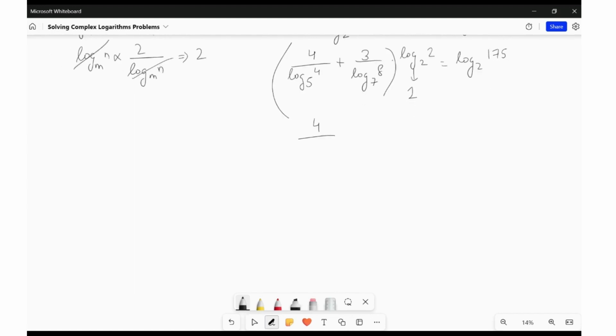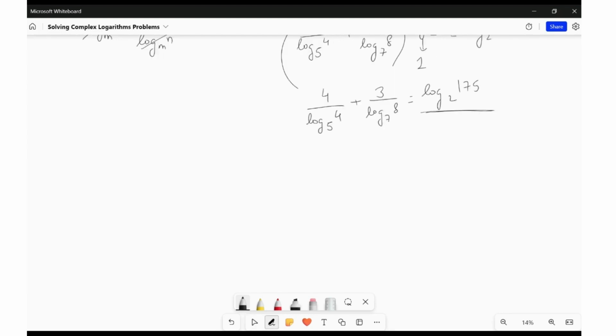Now 4 by log 4 base 5 plus 3 by log 8 base 7 has to be proved equal to log 175 base 2. Now this is already simplified, we can't simplify it further, so we can just leave the RHS and focus on this LHS.